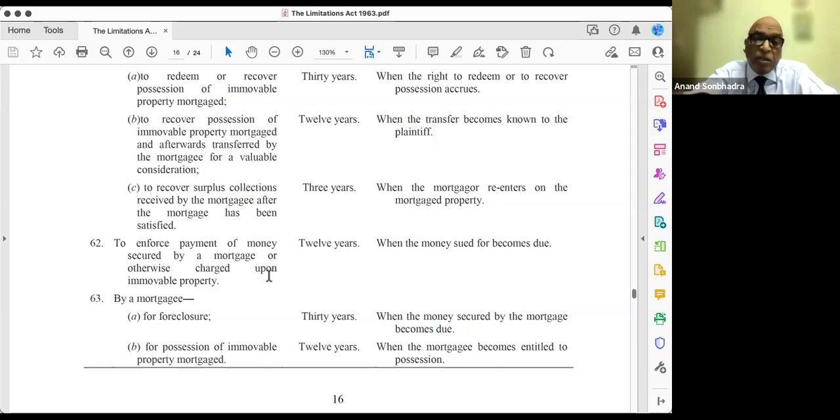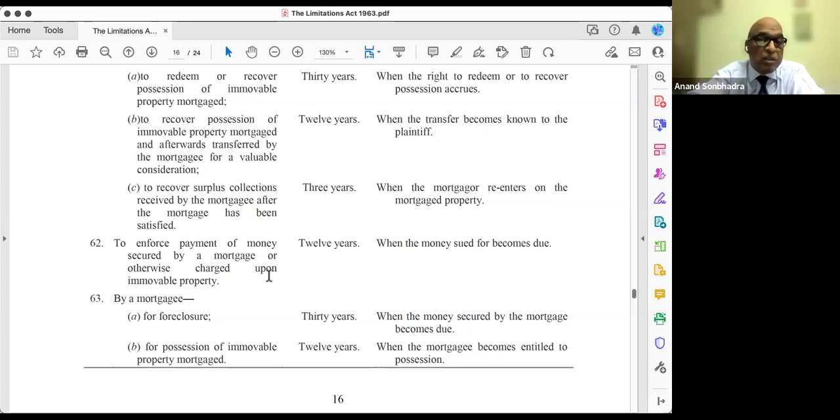Of course, we will repeat what I'm saying when we go to claims in IBC vis-a-vis limitation, that section. However, just for clarity, from the date of default, if an IBC case is to be brought, a suit, or Section 7, Section 9, whichever is to be filed, has to be filed within 3 years of the default.